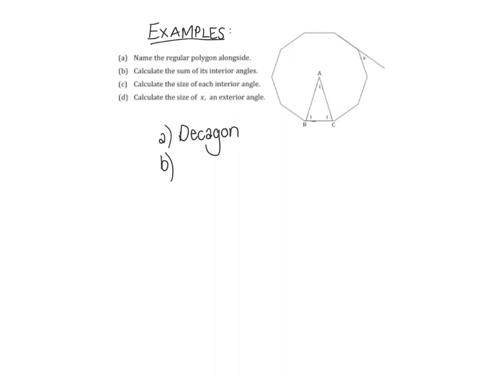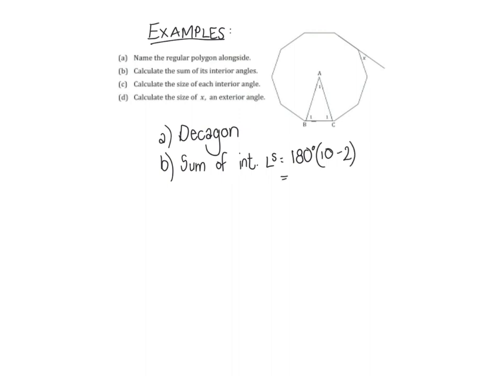Calculate the sum of its interior angles. Remember, my preferred way, by the way, is to use 180 times n minus 2. So sum of interior angles equals 180 times n minus 2, which is n in this case 10, because it's 10 sides, minus 2.